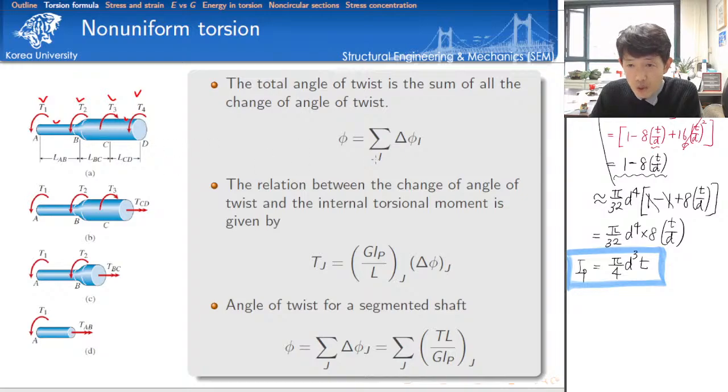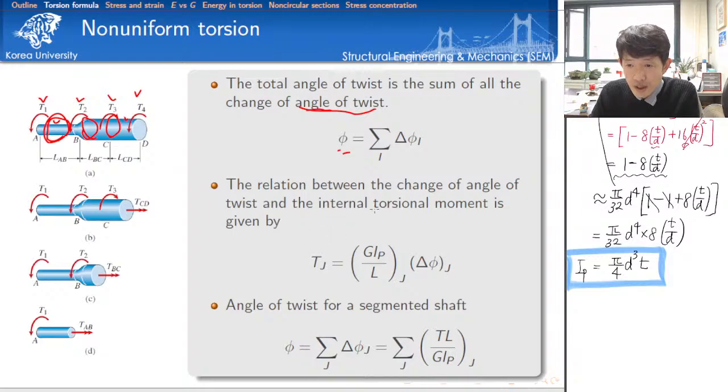Then the total angle of twist is the sum of all the angles of twist from the individual segments. Then we can obtain the total measure of angle of twist.